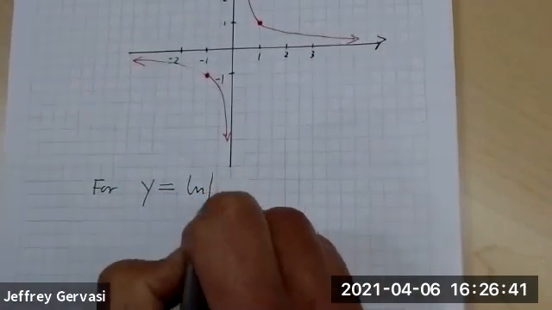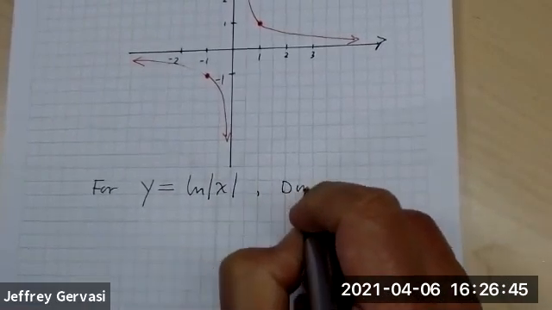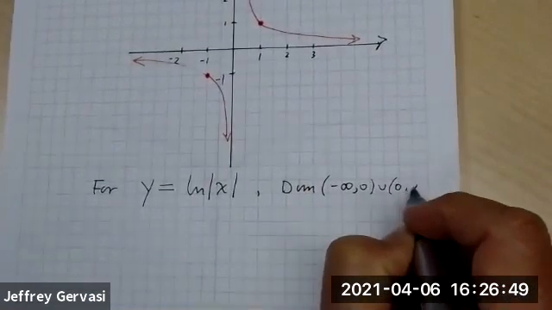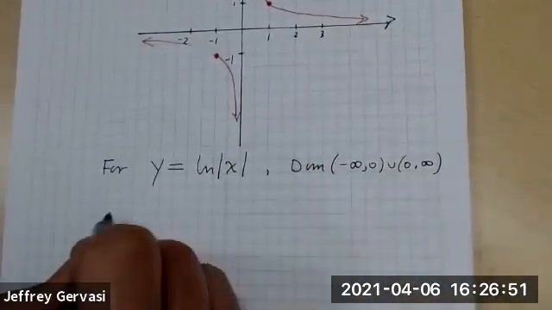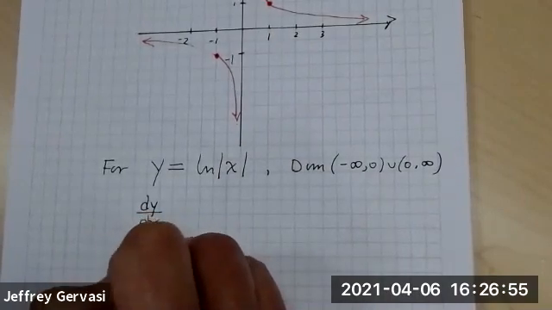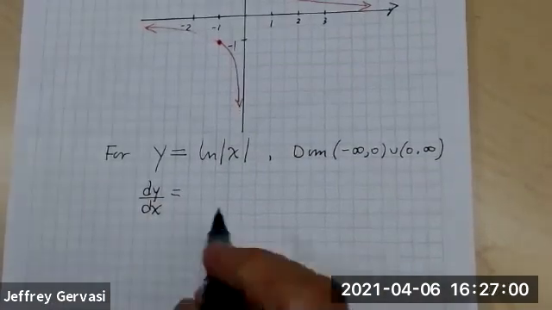For y equals the logarithm of the absolute value of x, whose domain, by the way, is all real numbers except 0, we just found its derivative function. Notice I'm using the operator notation for no particular reason, just because I like it.